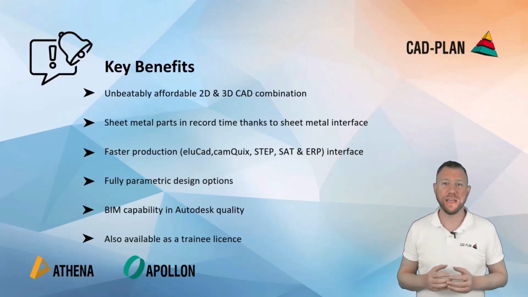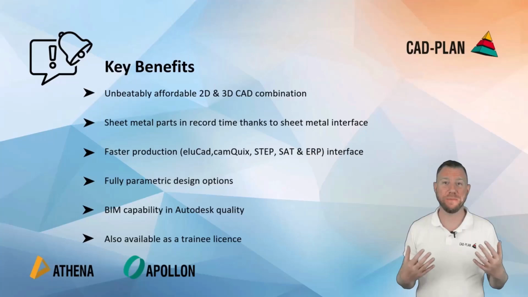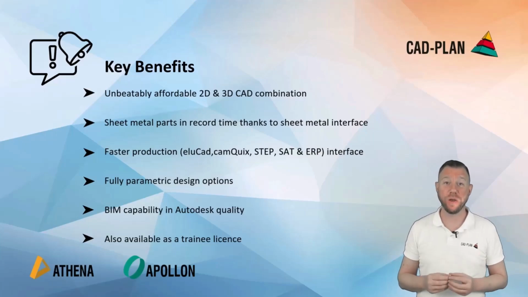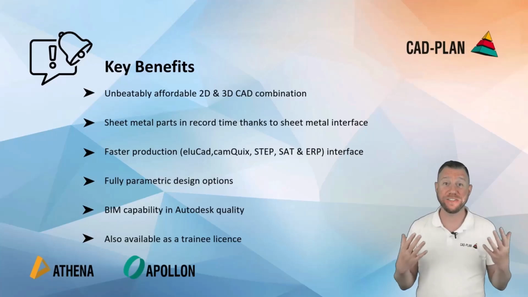In addition, important interfaces for EluCAD, ChemQuix, STEP, SAT, and ERP systems are available. This enables data to be transferred securely and seamlessly into downstream processes. With fully parametric design capabilities, you gain maximum flexibility when implementing changes or adjusting technical details.